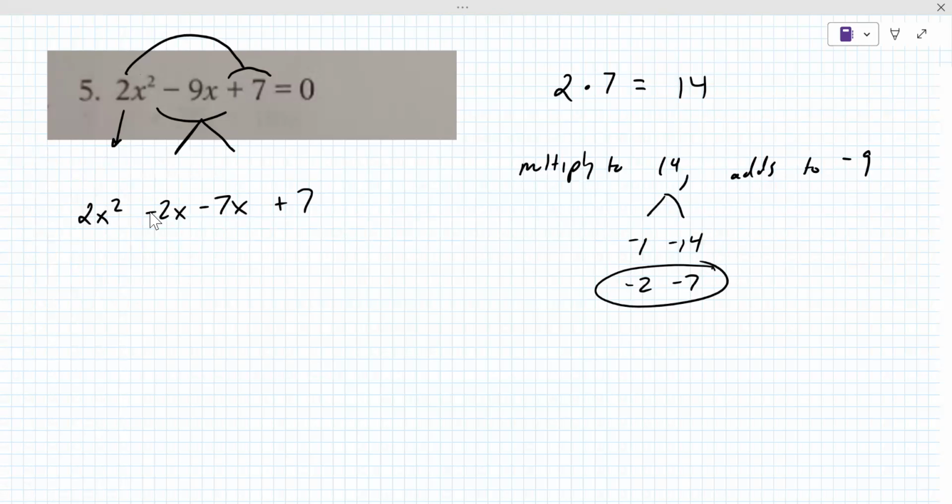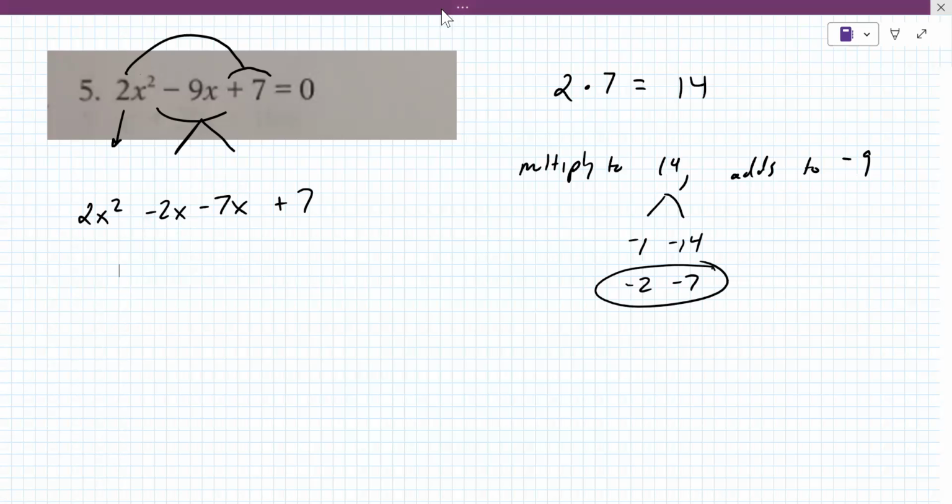Plus 7. Okay. All right, now it gets a little bit easier from here.